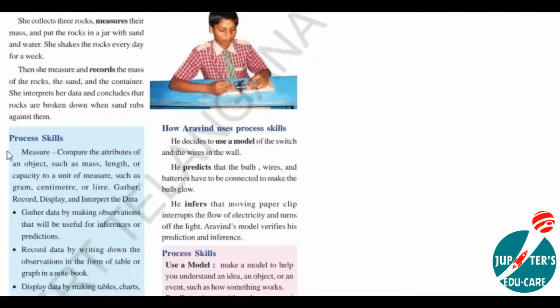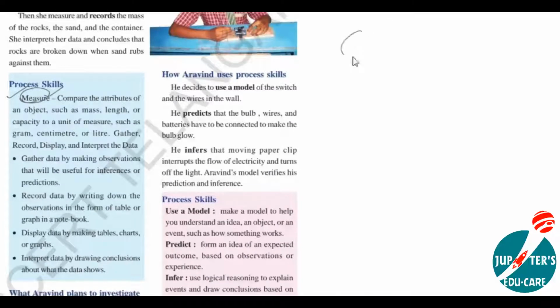What is the first one? Measuring. Her process skill is measuring. Measuring is nothing but comparison. So first she took some rocks, for example, three rocks. What does she want to know? What factor is involved in changing the shape and size of the rocks, right?